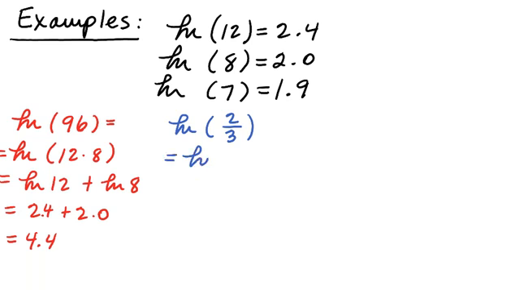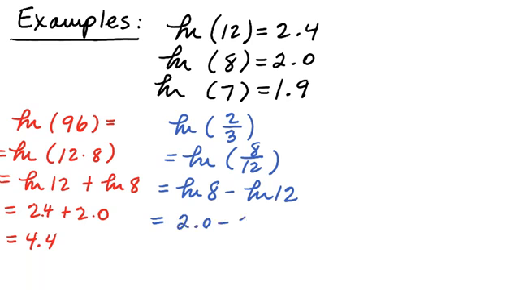So that's equal to the natural log of 8 divided by 12, which is the same as the log of 8 minus the log of 12. So this will be 2.0 minus 2.4, which is negative 0.4.